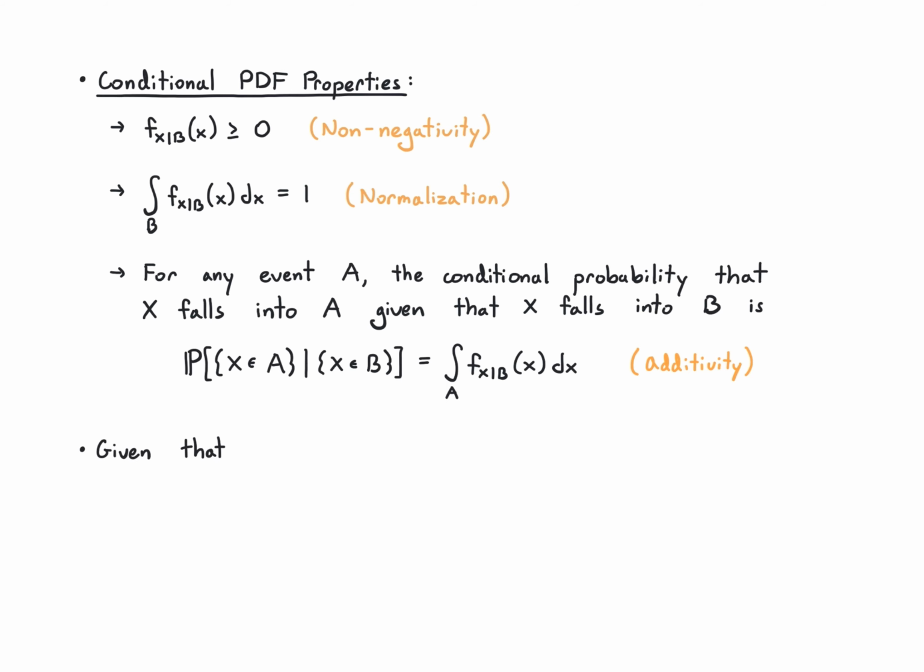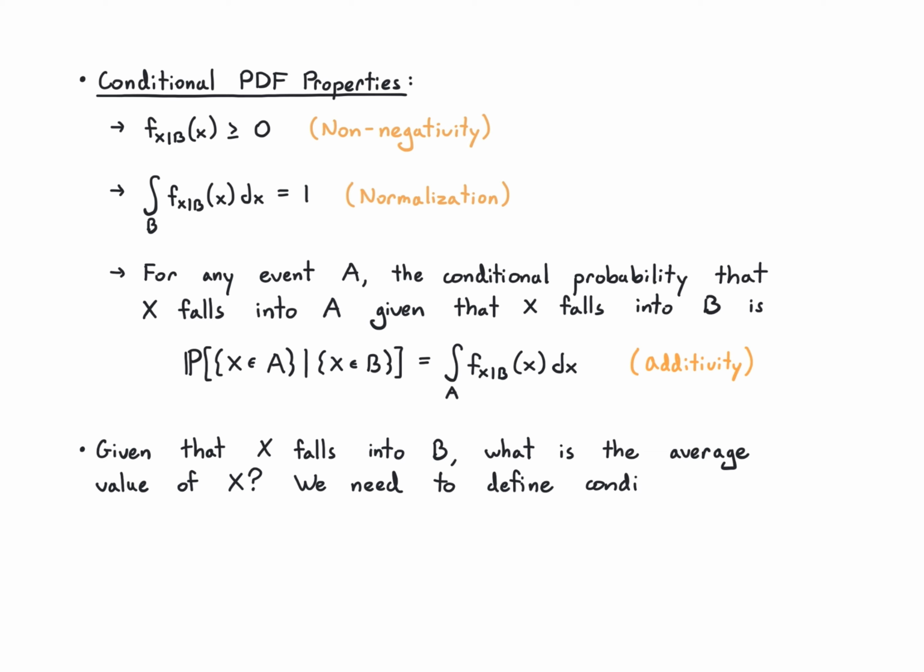Okay, so given that X falls into B, what is the average value of X? We know the average value of X without any conditioning is just the expectation, E of X, but we need a conditional expectation to factor in this knowledge that X falls into B. We've already done that for discrete random variables; we're going to do it for continuous ones.